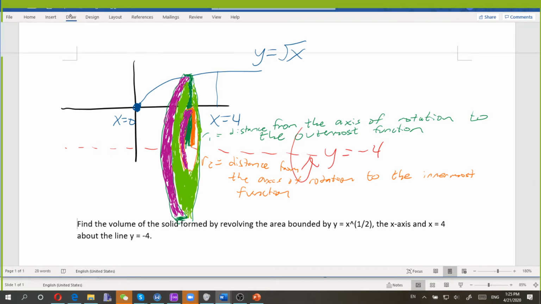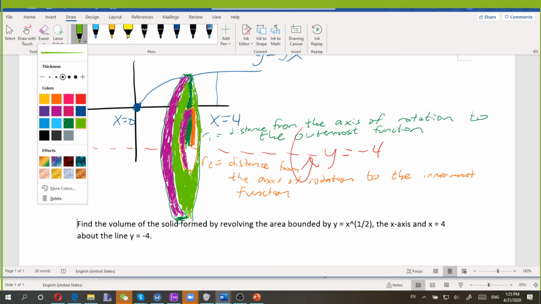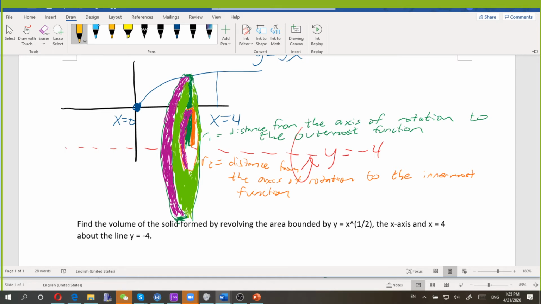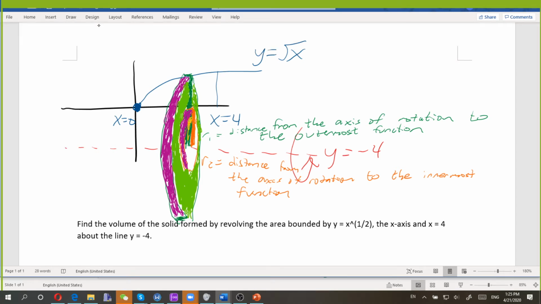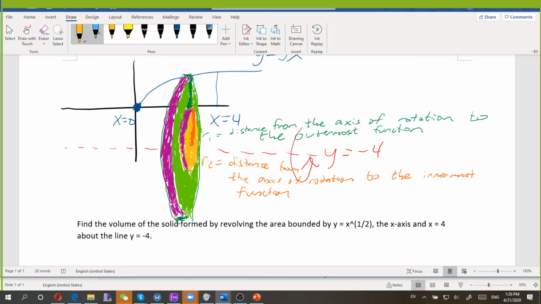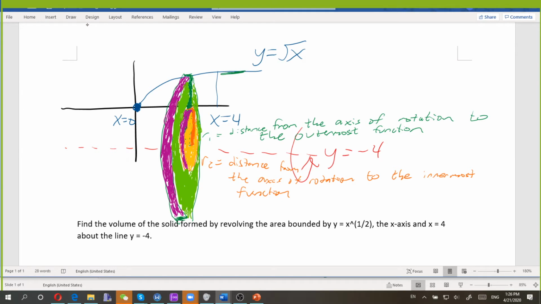Okay, then, all right, quite a lot going on in my picture, but let me redraw my outer radius here so you can see where that's going from. Our outer radius goes here.